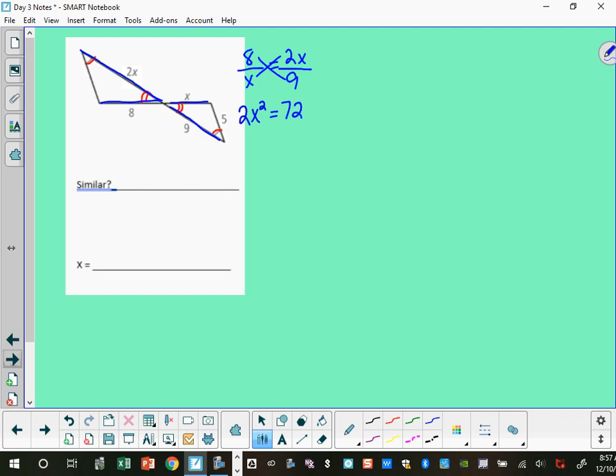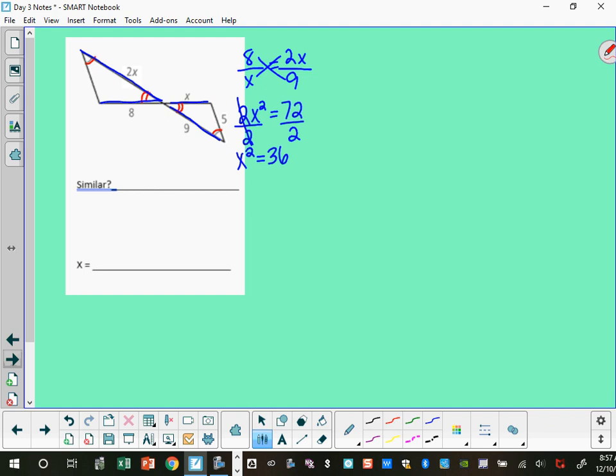You may not have too much room. I want you to write this down somewhere in your paper. So x squared is equal to what? 36. All right, this is just like your geometric mean. What do I do to get rid of this square?